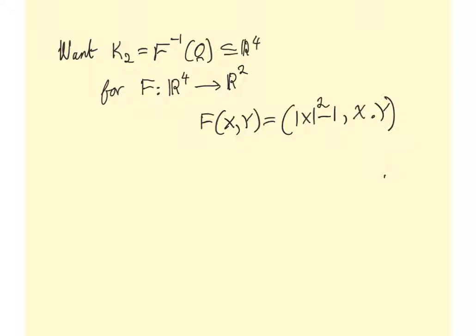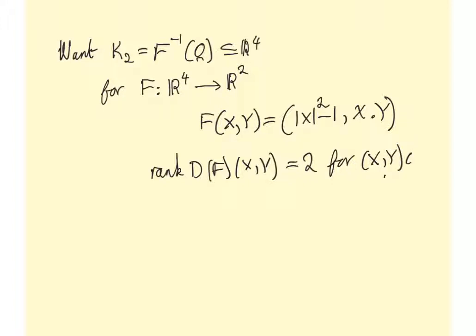And I'm going to leave as an exercise, this will be the first exercise really, to check that the rank of the derivative matrix is indeed equal to 2 for xy in K2. The rank may be not equal to 2 at other points. For example, if you take the origin, the rank of the derivative matrix there will certainly be 0.